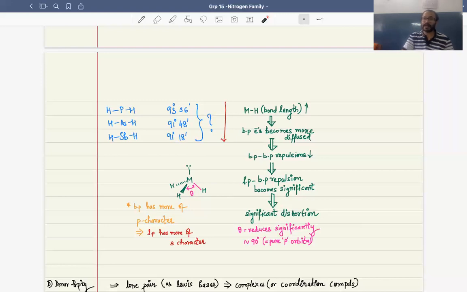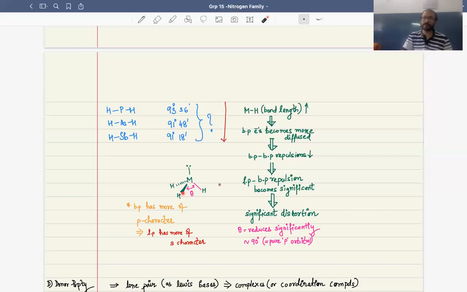In ammonia, the lone pair bond pair repulsion was somehow withstood by the bond pair repulsion that was present in the case of ammonia. However, the bond pair repulsion is greatly reduced from phosphorus, arsenic, and antimony, the reason being the bond pair is now more diffused and farther away from the central atom.